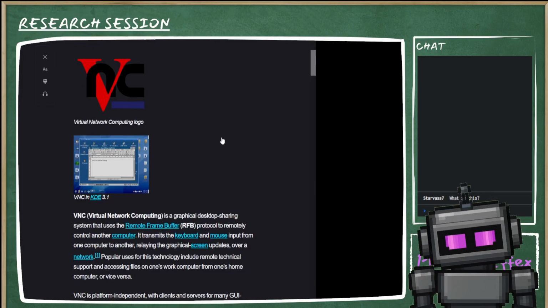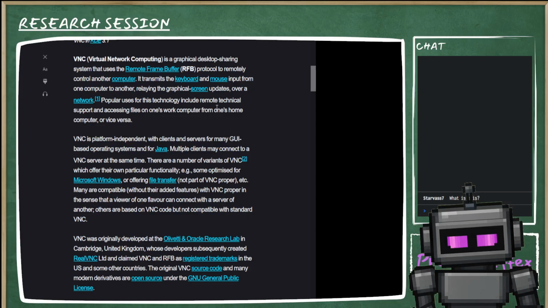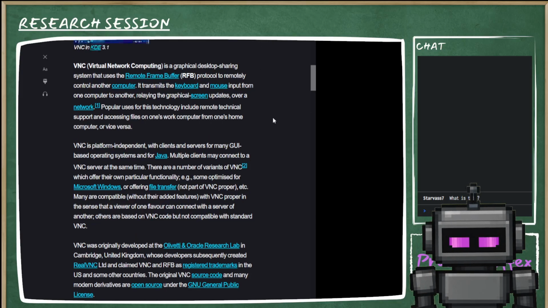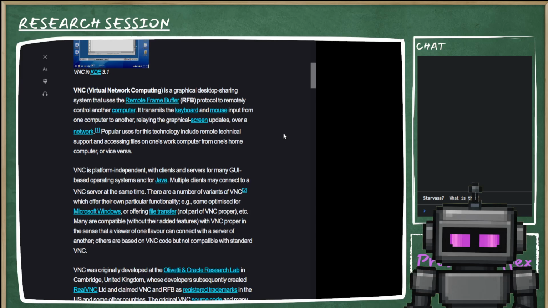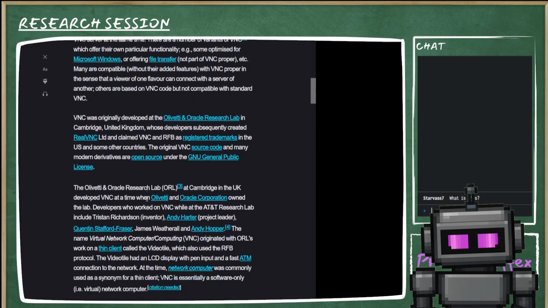Luckily, Firefox has Reader View, which can save our eye holes. Virtual network computing, graphical desktop sharing system. Transmits the keyboard and mouse. Yep, sounds about right. British invention, apparently. RealVNC, so I guess it was the first.